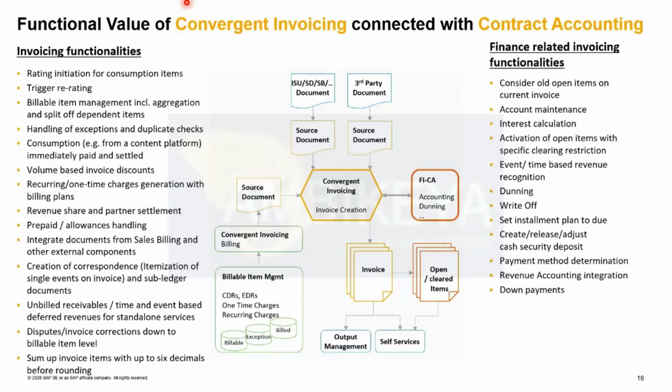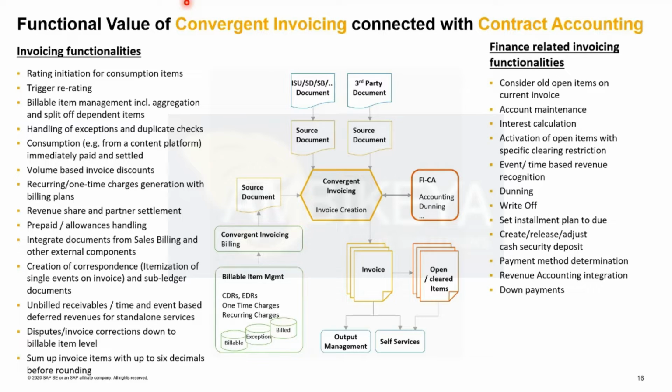So we have all capabilities on the left side for convergent invoicing that most of them differentiate to the traditional SD billing capabilities in order to deal with all these specific processes in subscription and usage handling.